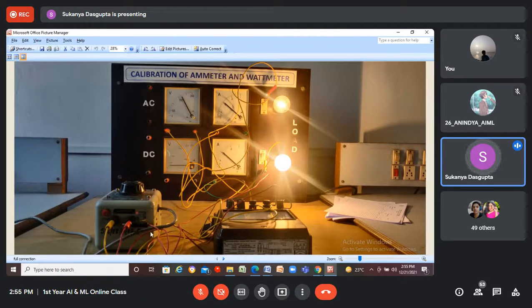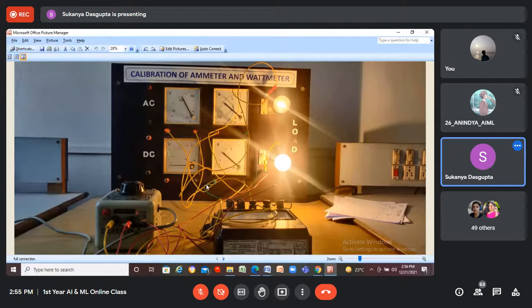And this is the variac, single phase variac, and this one is the wattmeter. So we need only one voltmeter, so we'll use this upper one, and we need two ammeters. One is the standard one, the upper one is the standard one, and lower one is the test one.